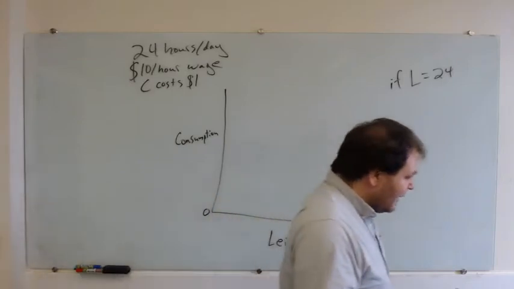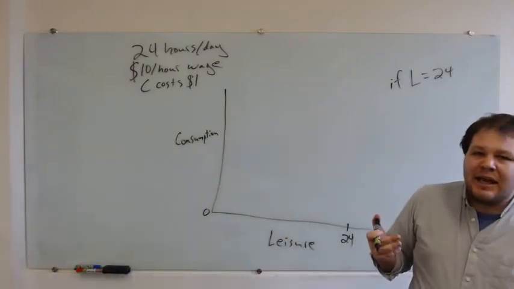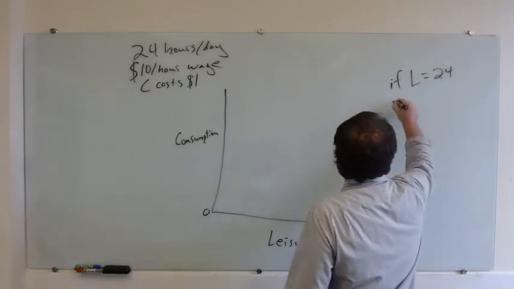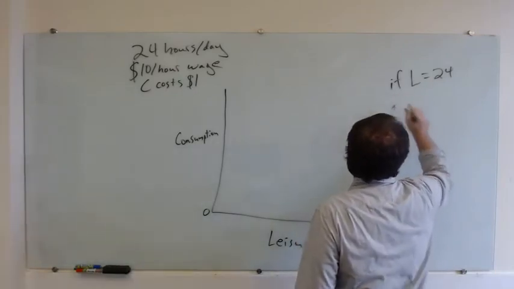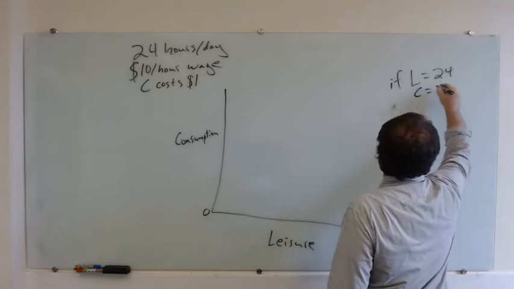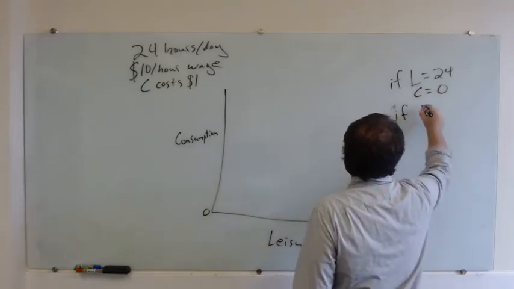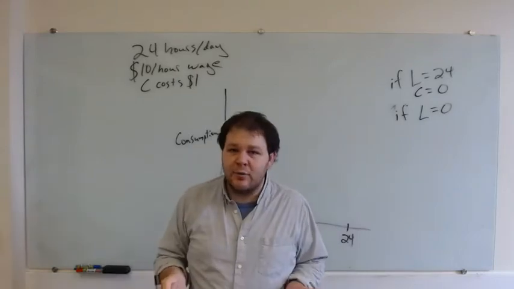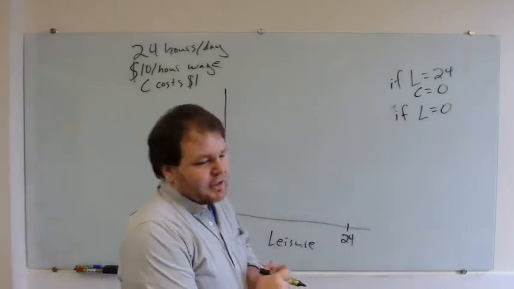On the other hand, let's say that I decided to take 0 time in leisure. I spend 24 hours a day working. In that case, how much consumption could I afford?